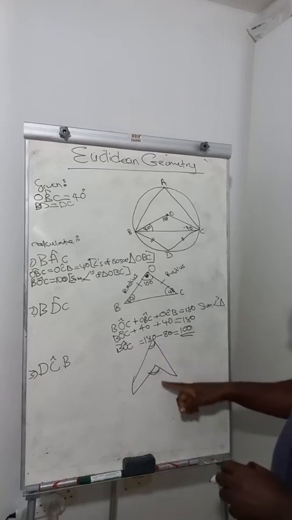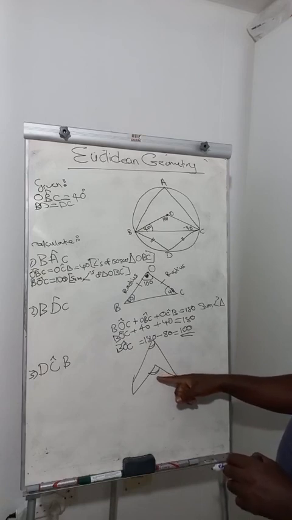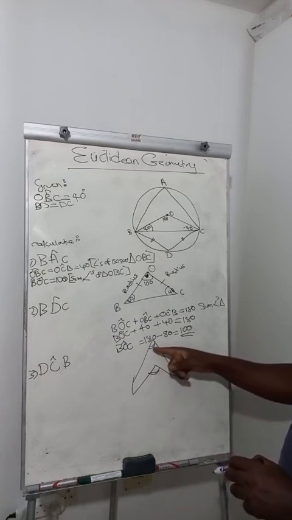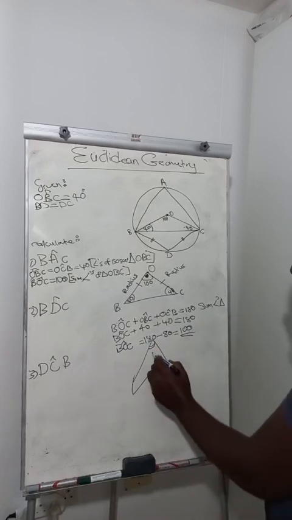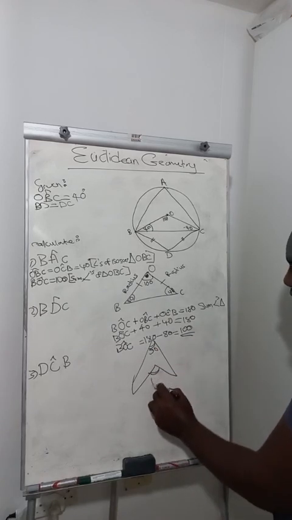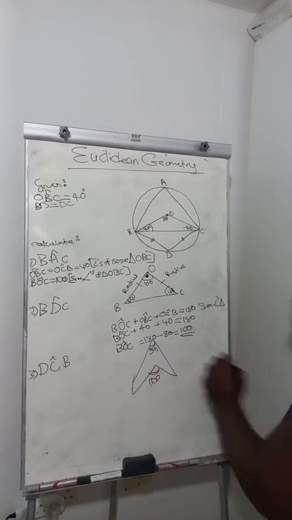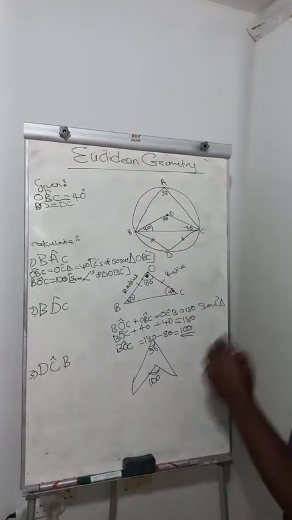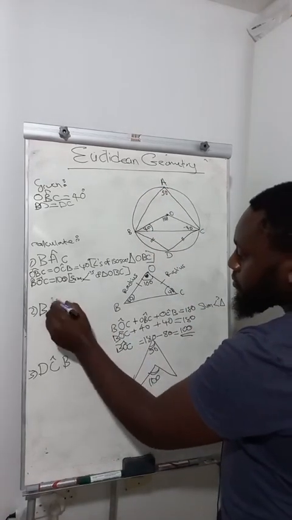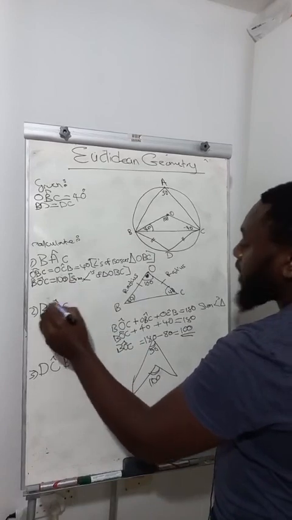So if this is angle at center, it's twice the angle at the circumference. It means this angle at the circumference is 50, and this is 100. So here you'll have 50.